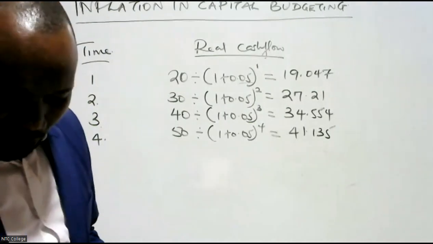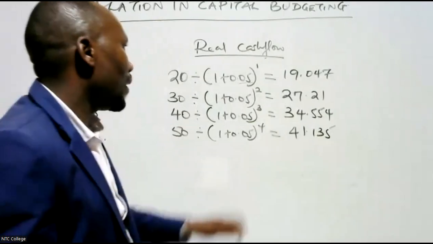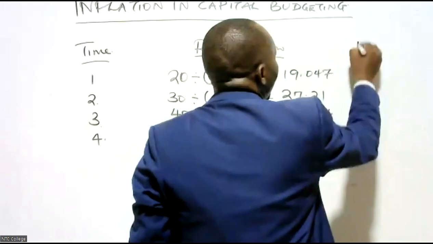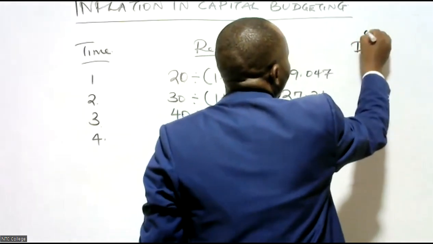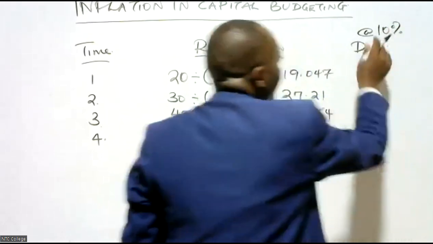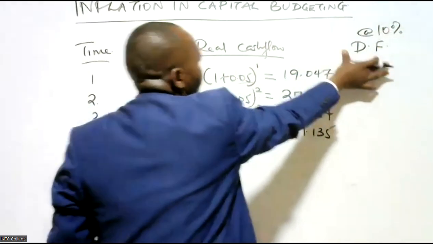Okay. So now these are the real cash flows. Now for the real rate of return, we can get the discounting factor using it. We're given it as 10% still. So you don't need to convert that because it was already given as real.